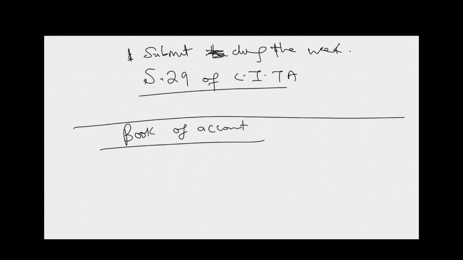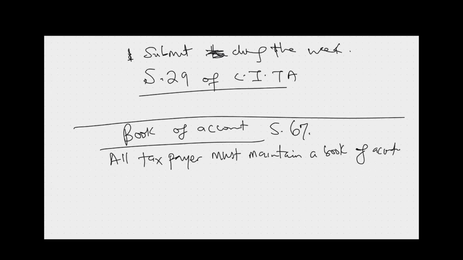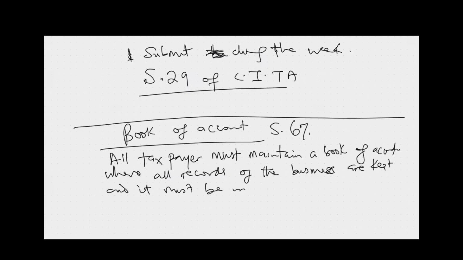This is section 67 of CITA. All taxpayers must maintain a book of accounts where all records of the business are kept, and it must be in English language.